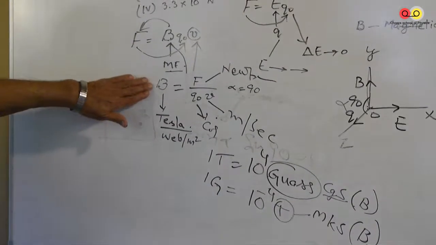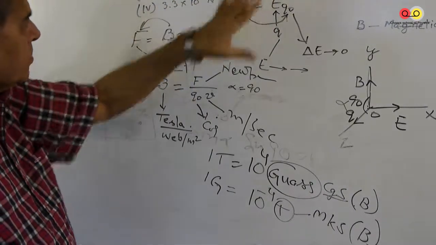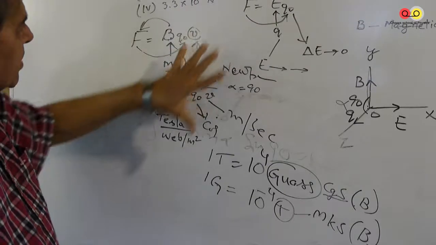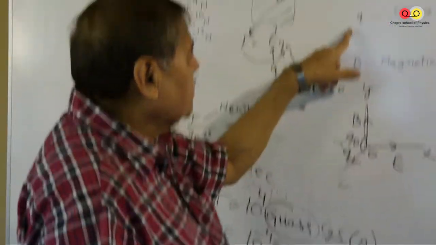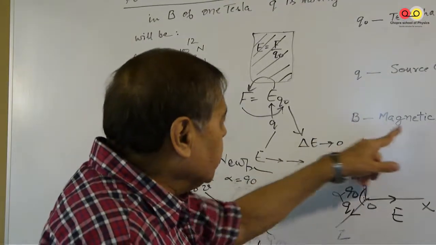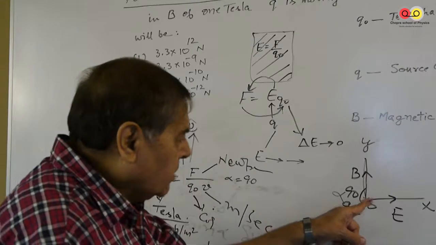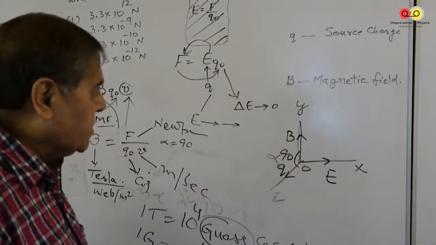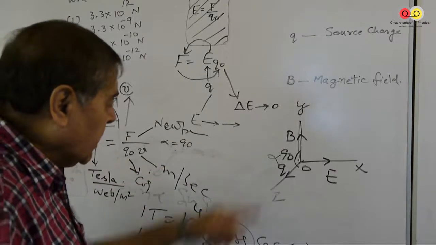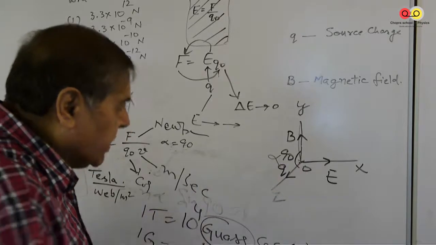So now this is the formula of magnetic field, this is the formula of electric field. These two formulas must be remembered to solve it. Q naught is the test charge, Q is the source charge, V is the velocity. To understand the angle, the x-axis indicates electric field, the y-axis indicates magnetic field, and the third axis, the z-axis, is imaginary.